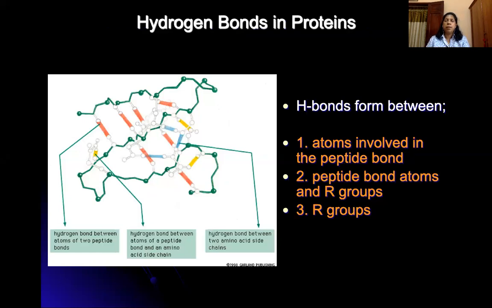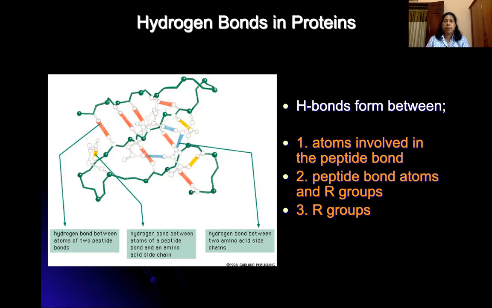Then, hydrogen bonds in proteins in detail. Here you can see, in orange color, hydrogen bonds can form between atoms of two peptide bonds. The other one is a hydrogen bond between atoms of a peptide bond and an amino acid side chain. If the amino acid side chain is a polar one, then again hydrogen bonds can form in the protein between the peptide bond and the amino acid side chain.